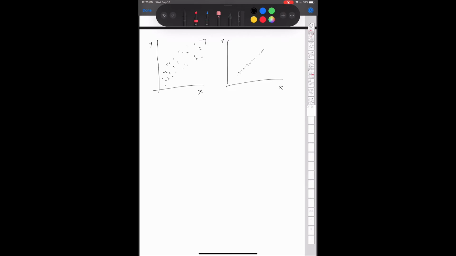Here you see that the relationship in this case is stronger, in the sense that there is less uncertainty in y. If I know x, I kind of know y, right? But this does not mean that there is more causality here.